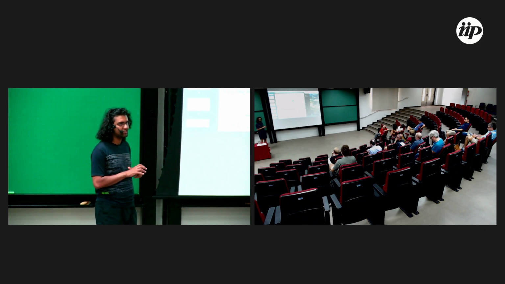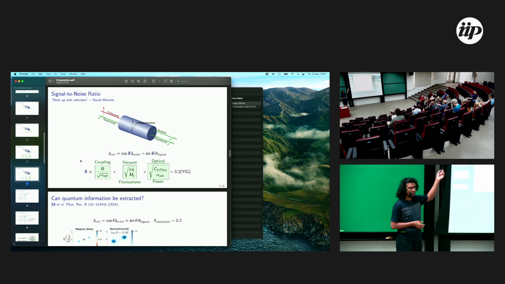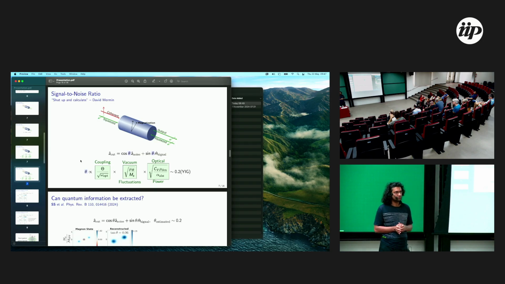Yeah, it makes sense. I think hopefully I also get the context you're referring to. So here I assume a pulsed input. I want the pulse to be much shorter than the Magnon lifetime for that exact reason, that I don't want to deal with Magnon decays. So the pulse is shorter than the Magnon lifetime, but longer than 1 over the FMR frequency, or whatever the characteristic Magnon frequency.